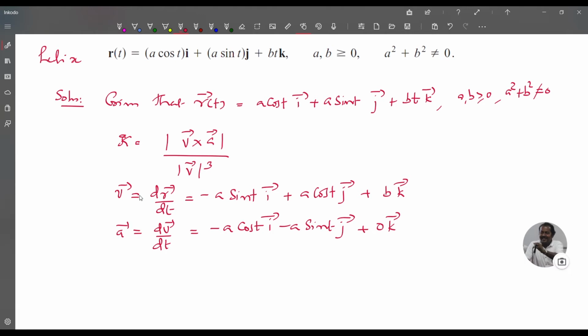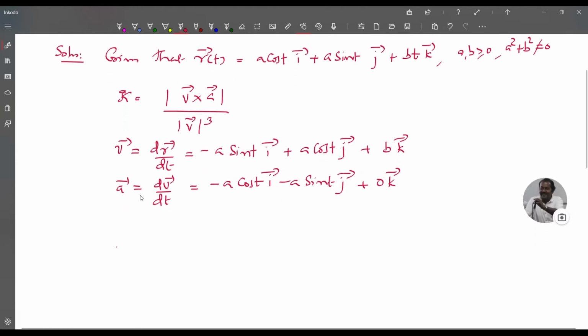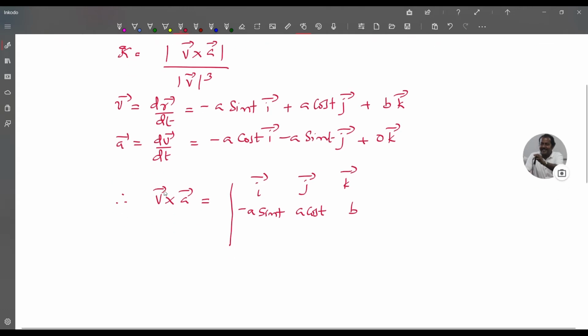and therefore v cross a is equal to the determinant of i, j, k; minus a sin t, a cos t, b; minus a cos t, minus a sin t, 0.